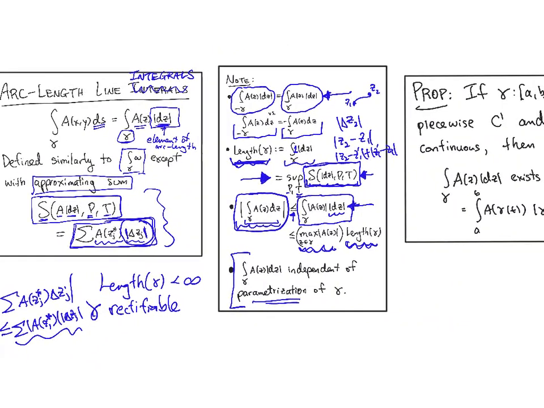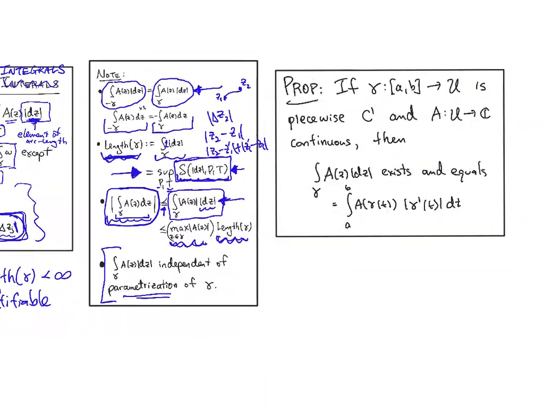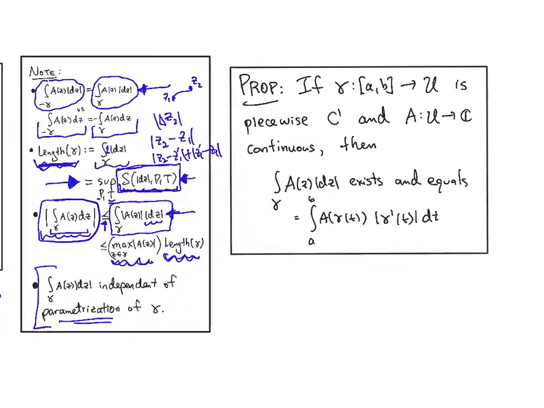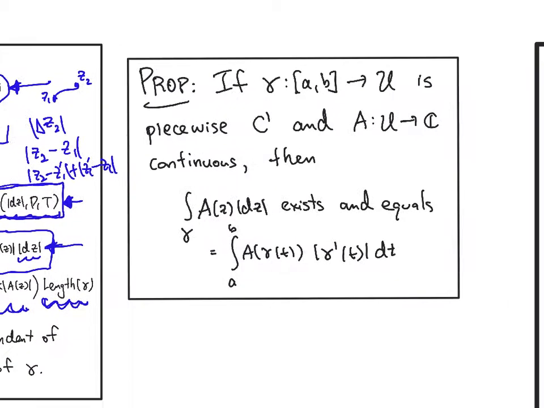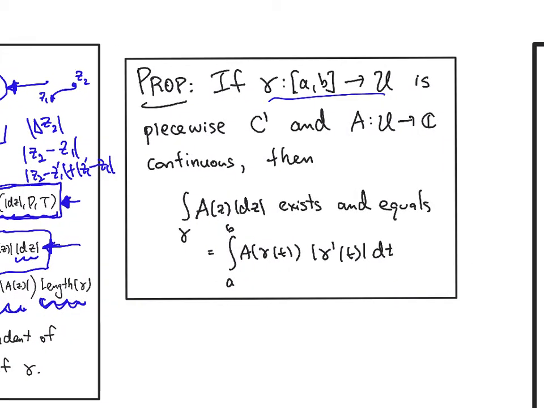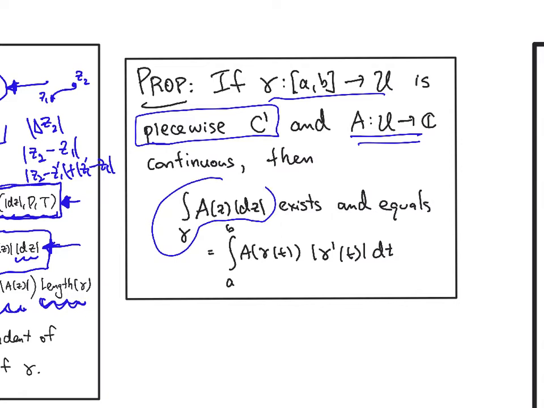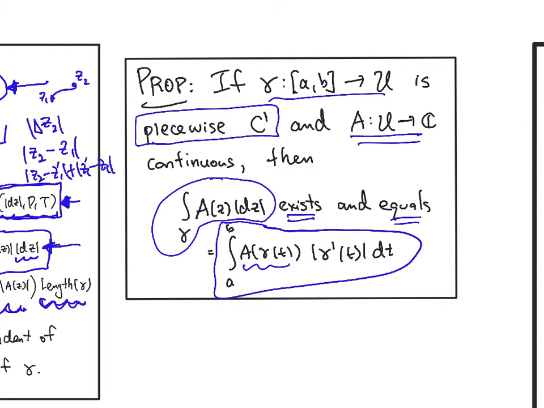And we have a proposition similar to the one for line integrals, that if I have a piecewise C1 curve gamma and a continuous function, then the arc length line integral of A modulus of dz exists and is equal to something similar to before. I just put gamma into A and replace absolute value dz with absolute value of gamma prime of t dt.